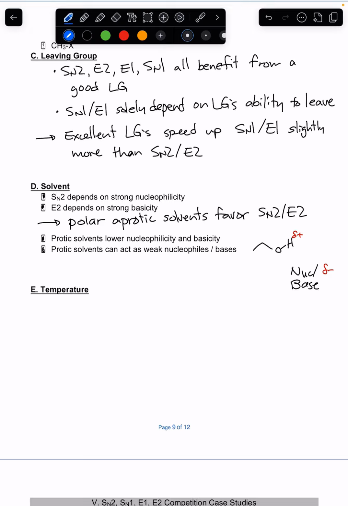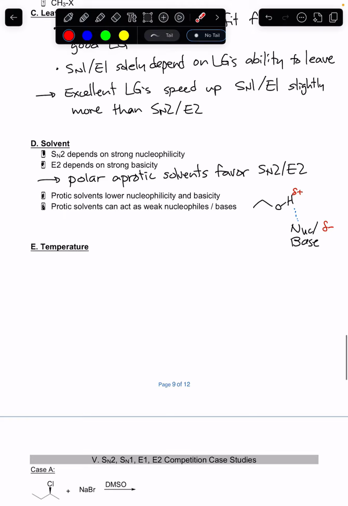So if you have a hydrogen bond to the nucleophile or the base, its electron density gets lowered because some of it gets donated to this partially positive proton. So it lowers the nucleophilicity. That's called solvation. It's bad for nucleophilicity and basicity, so it disfavors SN2 and E2 for sure.